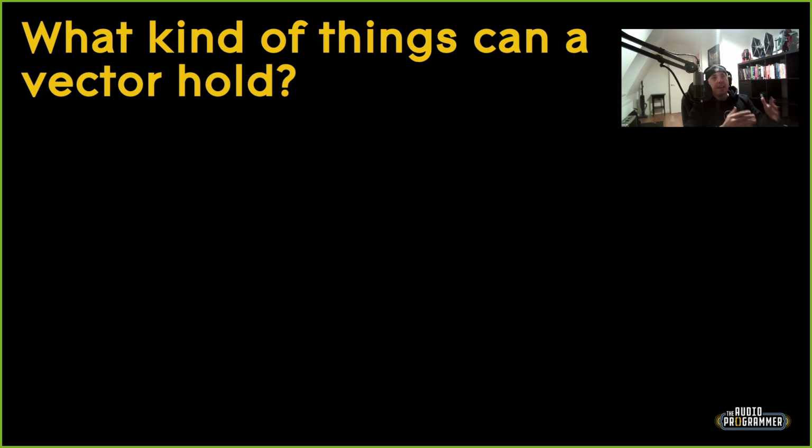So what kind of things can a vector hold? It can hold simple things like ints, so you can have a vector of ints, which would be a collection of integers, or floats. But you can also put your own objects in there. If you made a car class or a car struct, you could put cars in there.